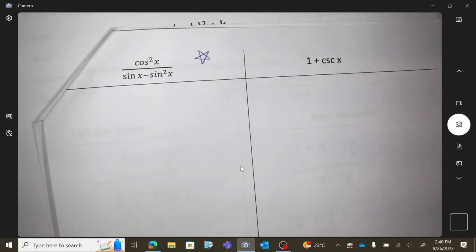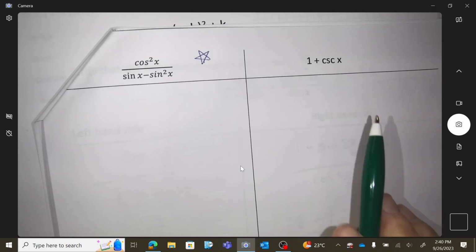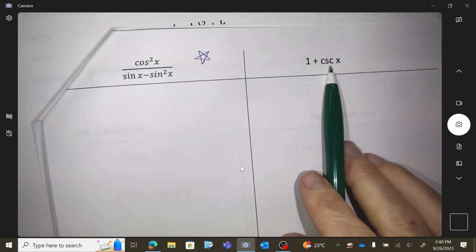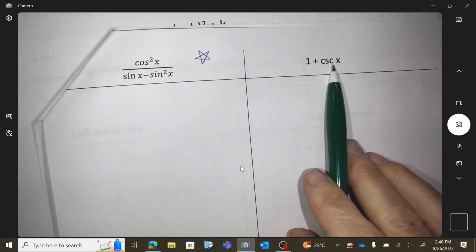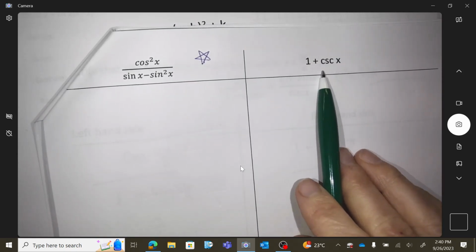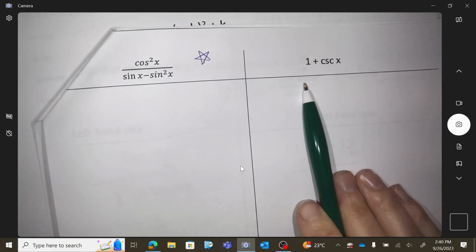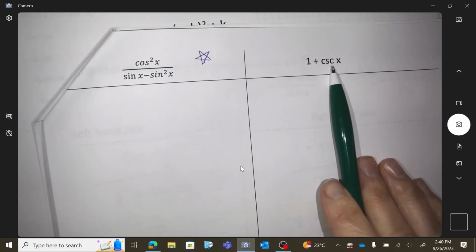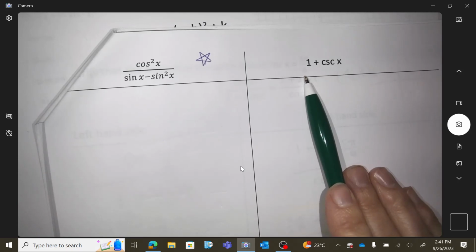Okay, let's look at the end. 1 plus cosecant. This has nothing to ever do with cosine over here. Does that make sense? There's no cosines in here at all. This is the flip of sine. Okay, so there's no cosines.